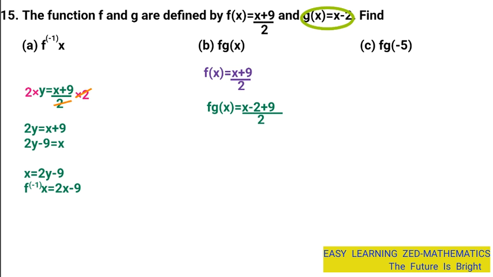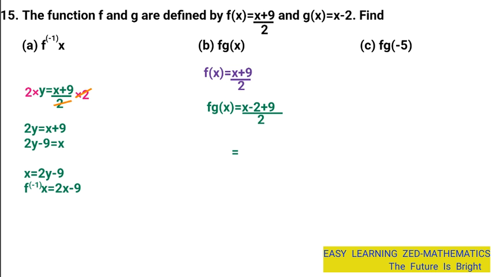Then I'm going to say equal to, then I'm going to work out like terms on top. As you can see, minus 2 plus 9 are like terms, so we can add them. When we add the negative and the positive, the answer will have the sign of the bigger number.